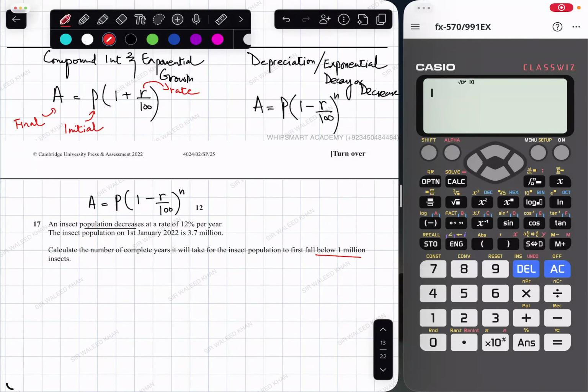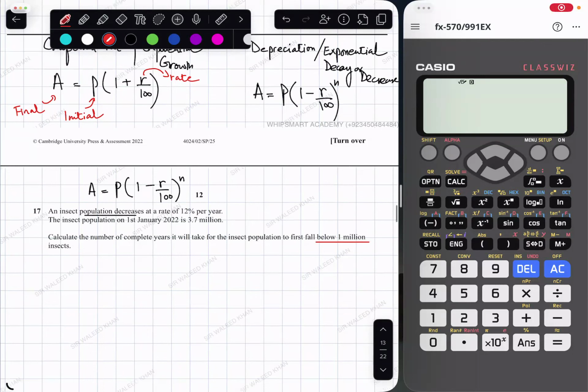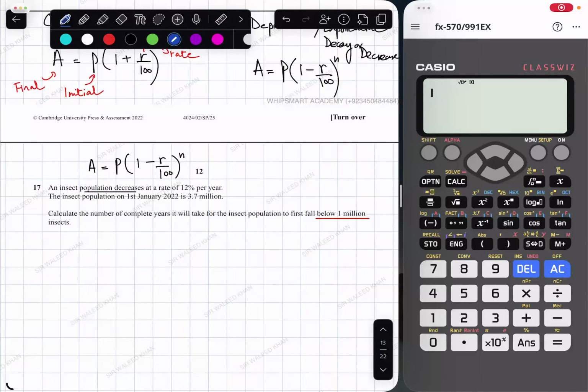They're saying it should fall below 1 million. So I have to use the hit and trial method and see when the value is going to fall below 1 million. So let's start with, let's say, 5.